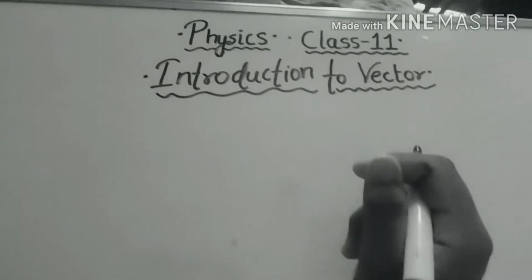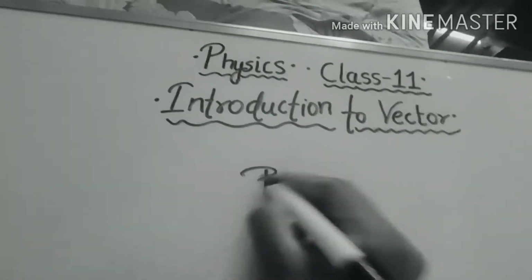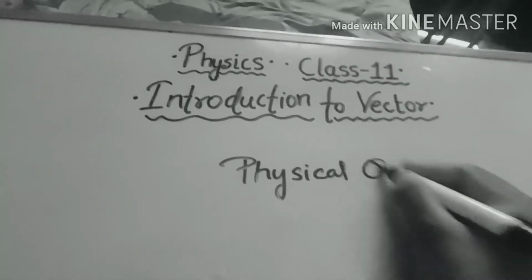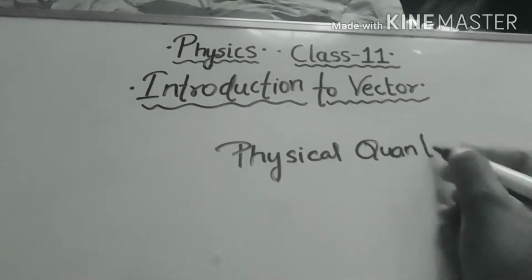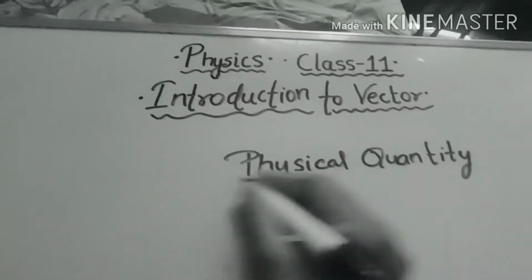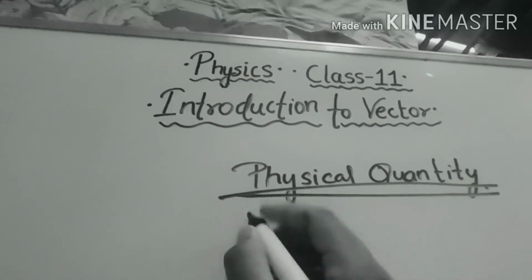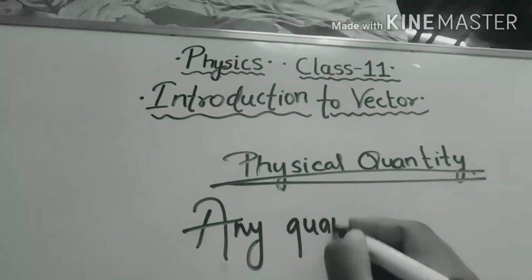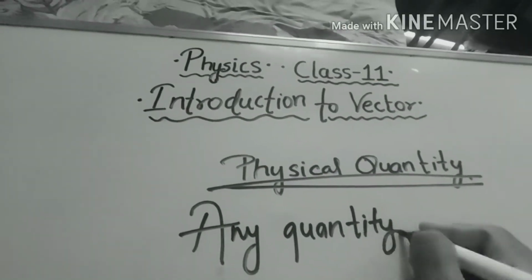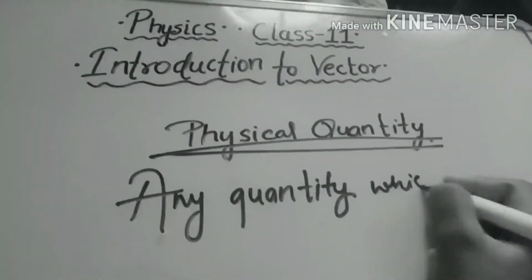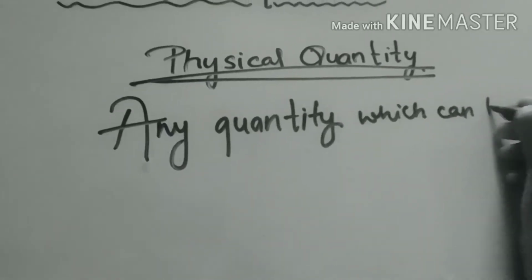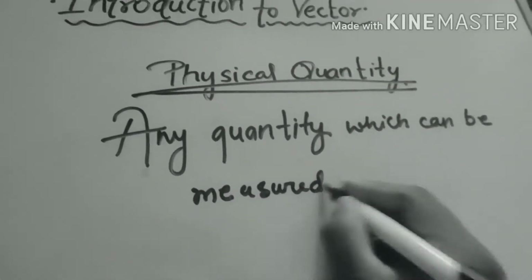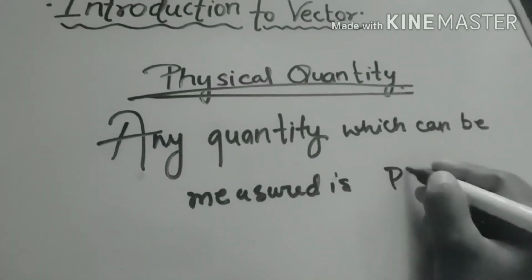So first we'll be knowing about physical quantity. What is a physical quantity? Because any quantity that we measure is a physical quantity. So physical quantity is any quantity which can be measured.